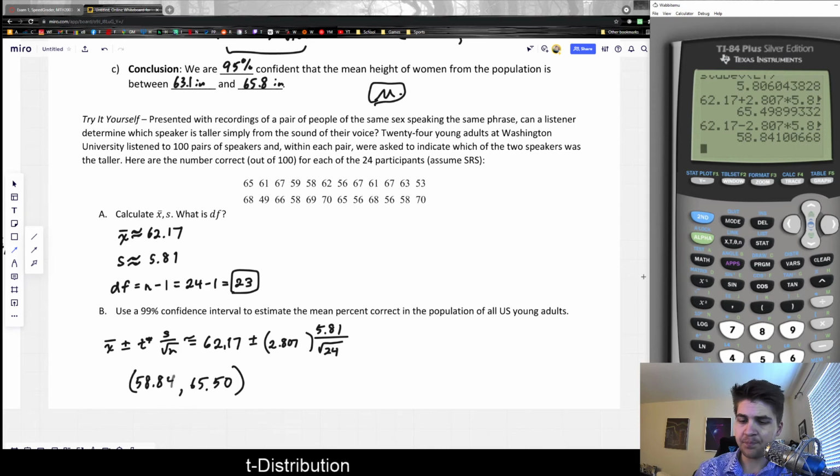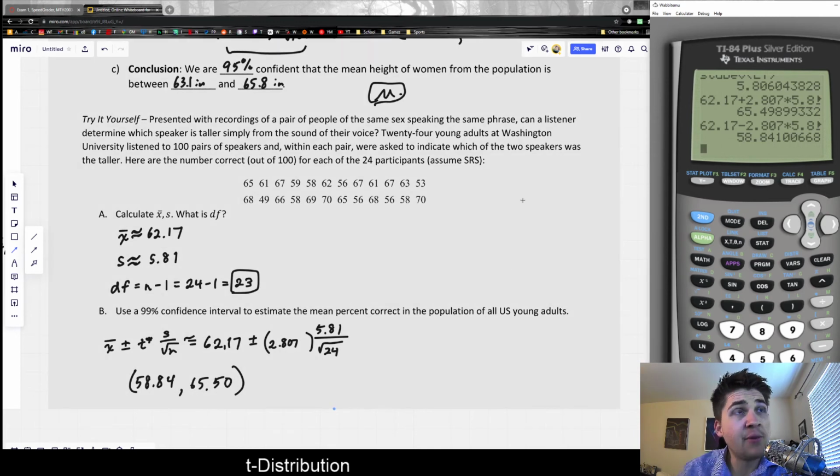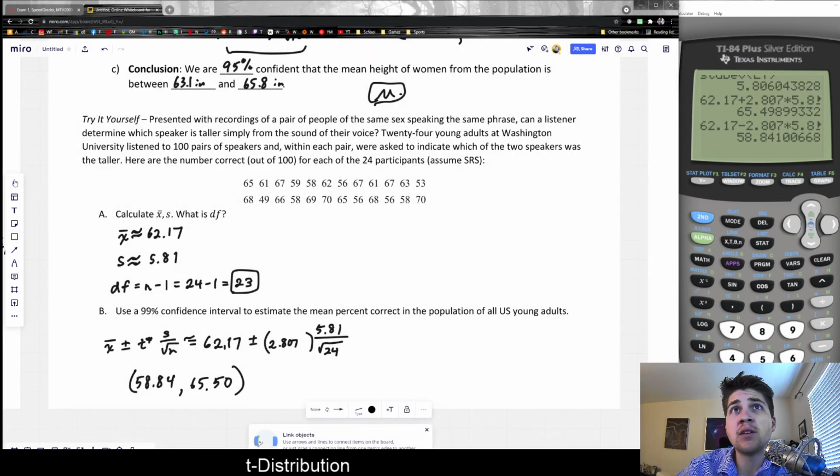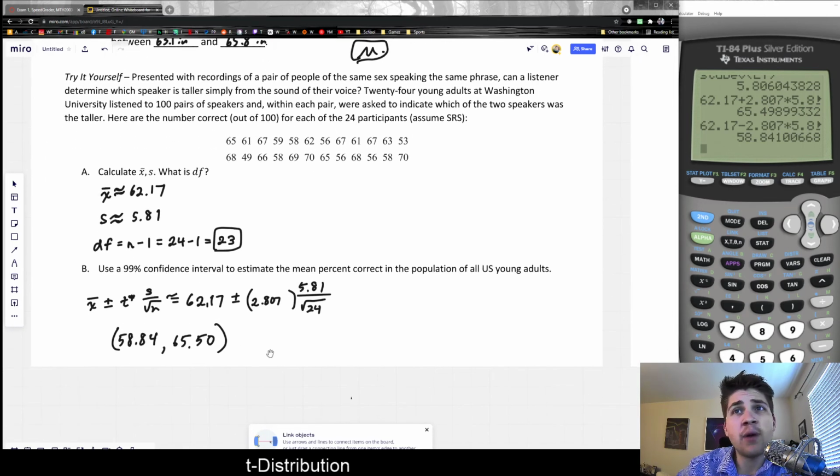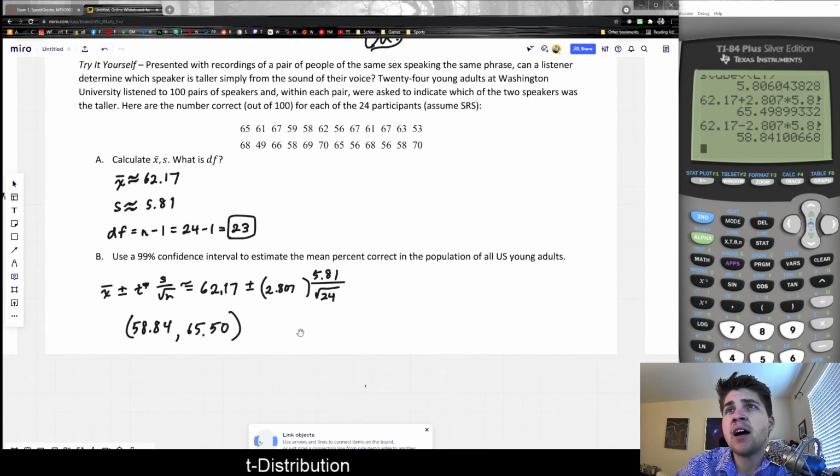If we had to write this as a verbal conclusion, we would write that we are 99% confident that the average percent score for whether a person can determine who is taller amongst a pair of people is somewhere between 58 and 65% accuracy.